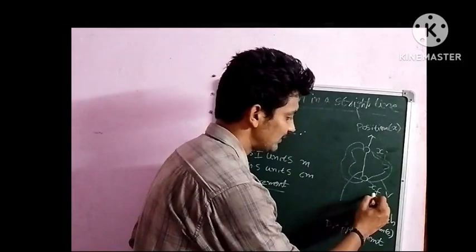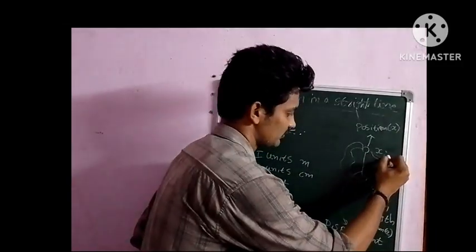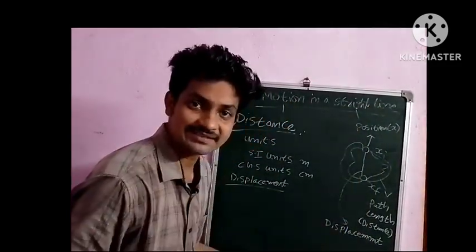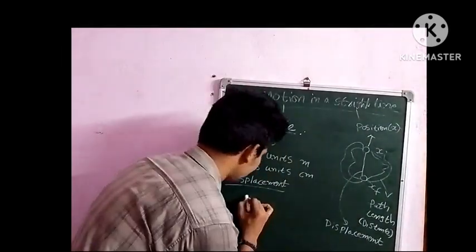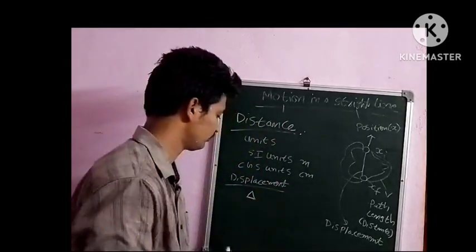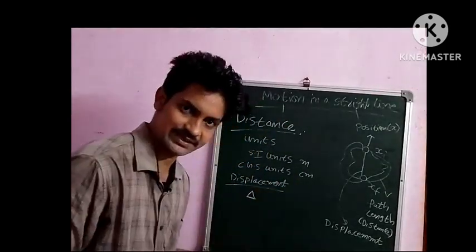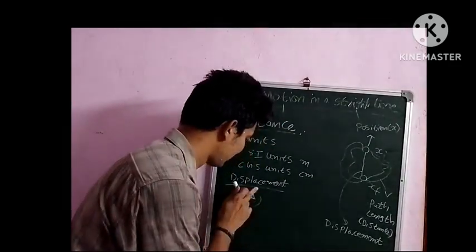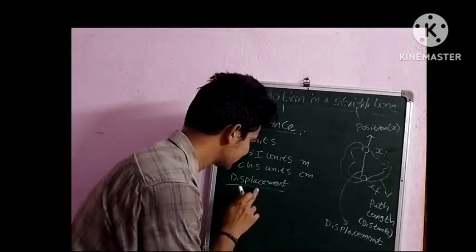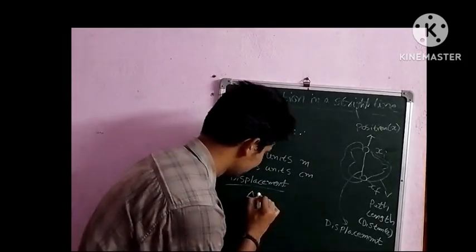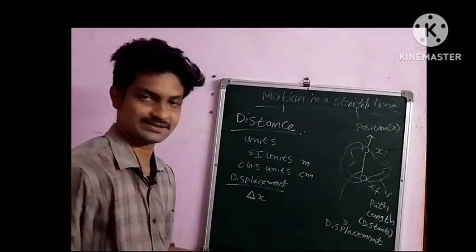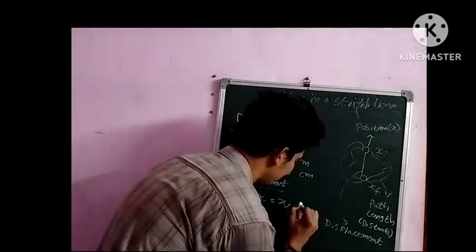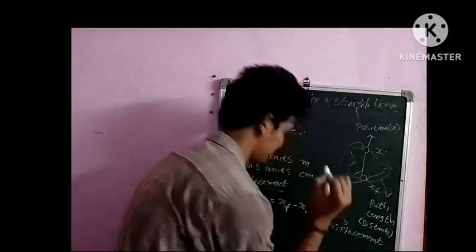Moreover, final position to initial position, that is called displacement. Delta: we use the term delta in mathematics, physics, and chemistry. Delta means change. Change in position, delta x, is final minus initial.